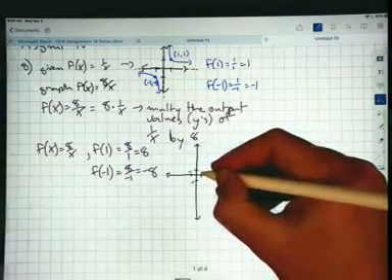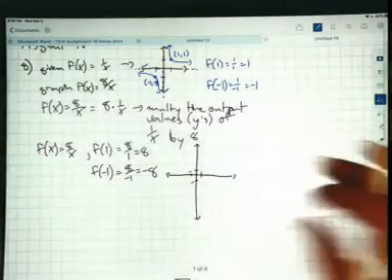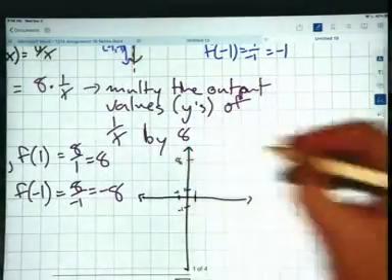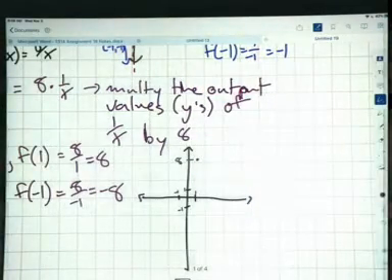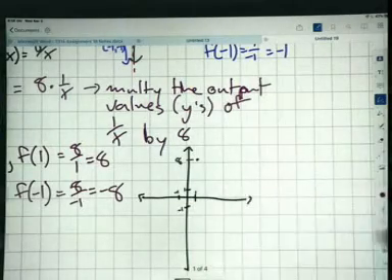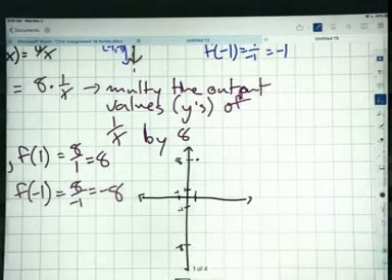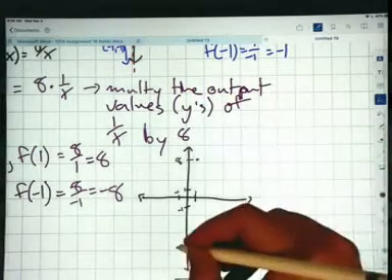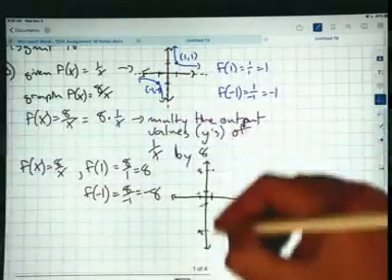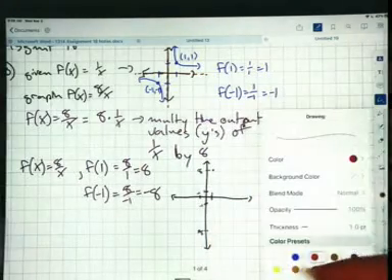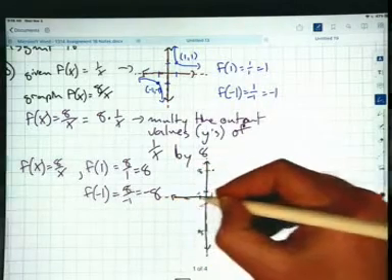So when we plug in 1, we actually get out 8. So on my graph, I'm going to put 8 right up here. So now my graph looks like this. You plug in 1, you get out 8. If you plug in -1, you're going to get out -8. So we'll put -8 right here. Now, you're still going to have a vertical asymptote at 0. You're still going to have a horizontal asymptote at 0.